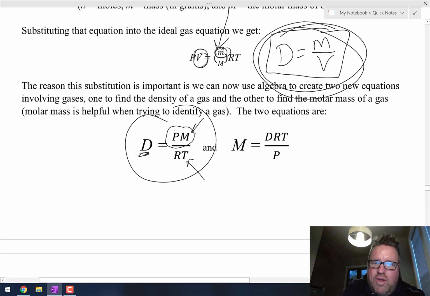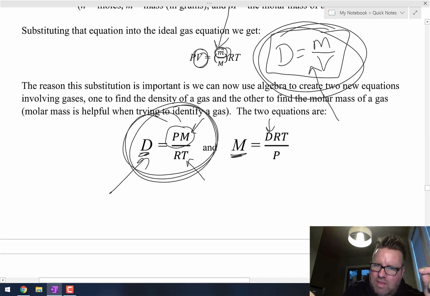Okay, and then the other equation, if we manipulate this equation a little bit, you can find the molar mass of a gas. Okay, and that equation is the density times R times the temperature in Kelvin divided by the pressure. Okay, now, the way I remember this one, again, kind of silly, but if you use marijuana, you're very likely you might get drug tested.